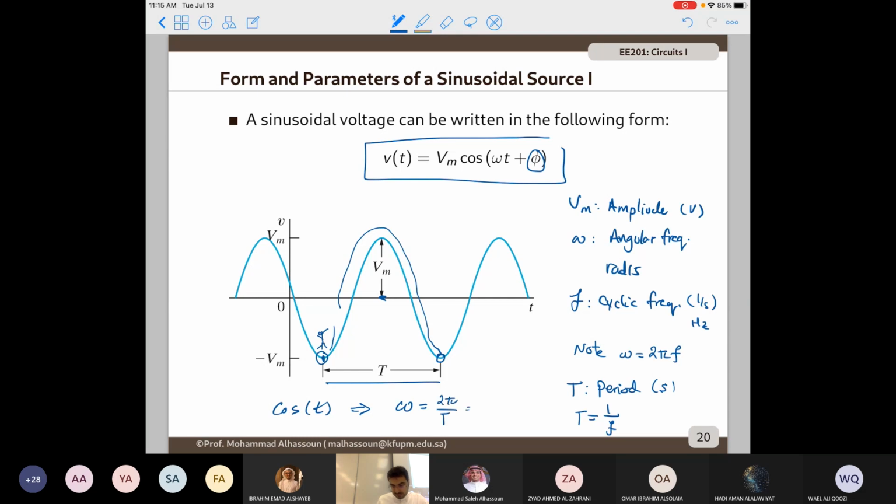So if the coefficient of t is 1, then the period is 2 pi. However, if you have cosine of x t, then the period is not going to be 2 pi. It's going to be 2 pi divided by x.